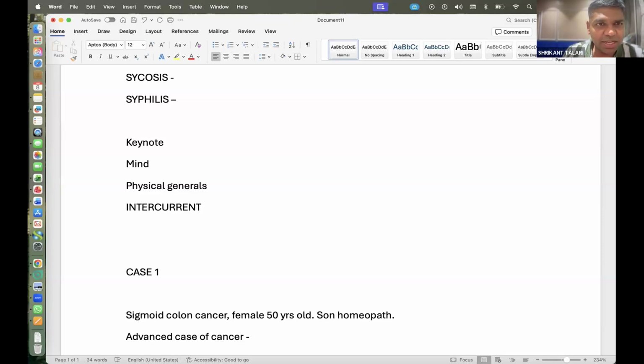Three years back she was first diagnosed. At that time we operated and did chemotherapy, she did fine, and then after one year it relapsed. Again we operated, again we gave some chemotherapy, and again it relapsed after another year.